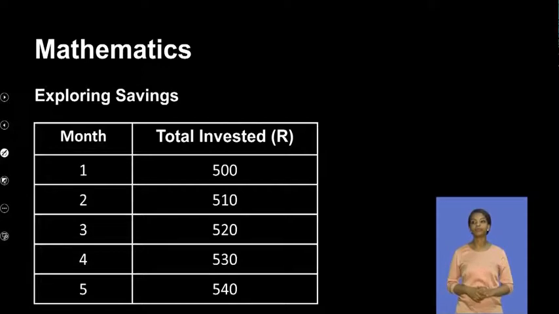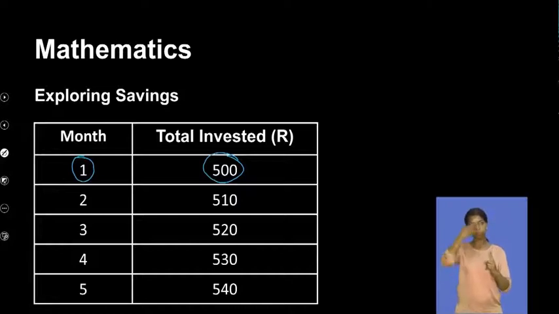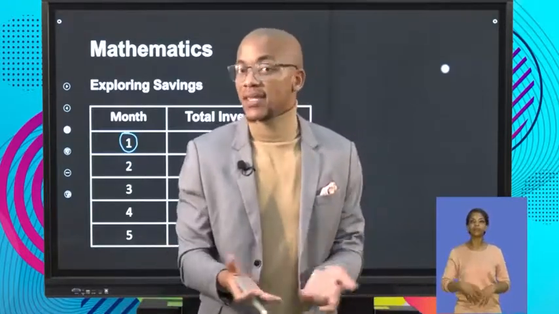Now, let's explore a few savings values here. In month 1, the person says, now I want to save up 500 rands. Maybe you want to buy a console, or buy yourself a cell phone so that you can watch our shows.